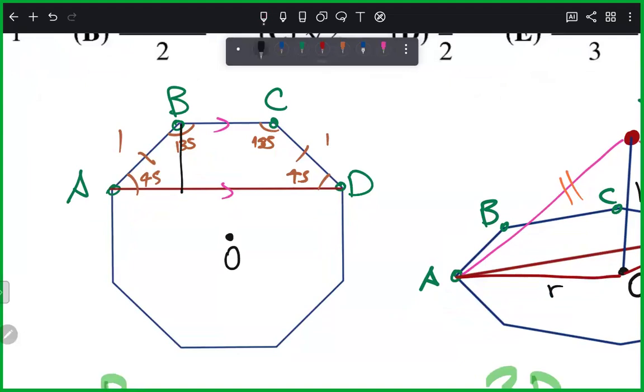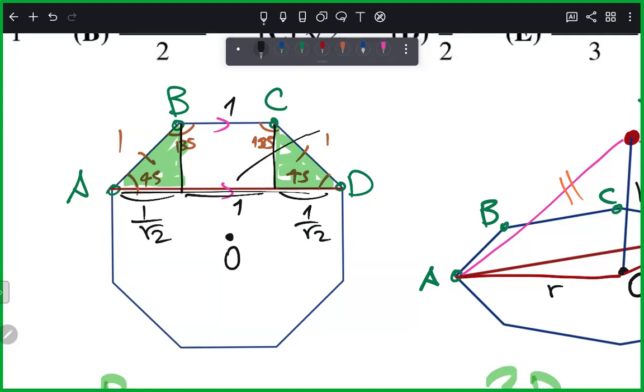Next, drop perpendiculars from B and C onto AD, and then this side is 1, so it's carried here. Then we end up with two smaller isosceles right triangles on the sides with hypotenuse 1, hence each side is 1 over root 2. This way we find AD, and it equals 1 plus 2 times 1 over root 2, which is 1 plus root 2.